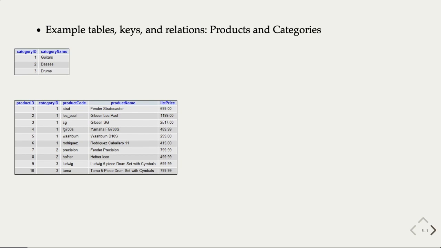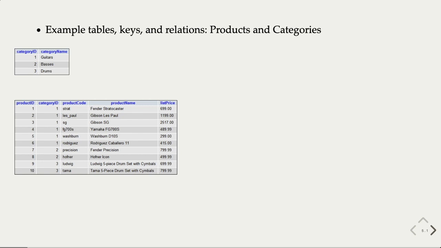But because each product should belong to a particular category so that you can better organize them, we can put a specific category ID for each product here. So as you can see, the product number 1, number 2, number 3, they all belong to category ID 1, which if you look at the first table, the category table here is the guitars. So by using the category ID in the product table, you can establish a relation between the products and the categories table.